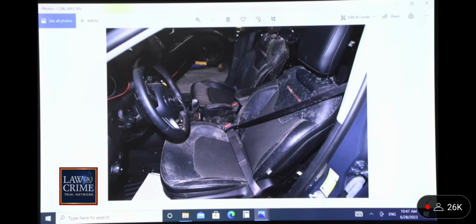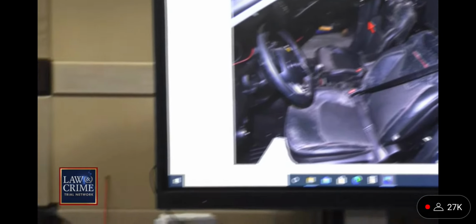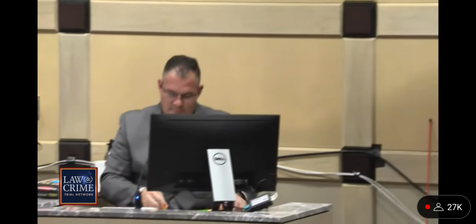Okay, so showing defense counsel what's been marked as State's Quadruple E for identification purposes only. Do you recognize the exhibits in State's Quadruple E? I do. And how do you recognize those? That is my handwriting and my name on it. Scissors would be fine.